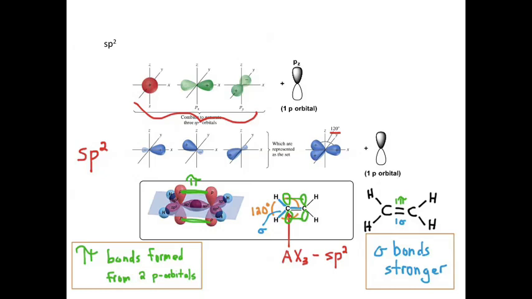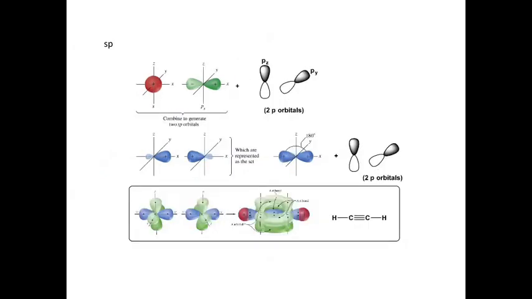So let's look at our last example of hybridization. In this case, we're now looking at sp hybridization. So again, we have one s orbital and three p orbitals, px, py, and pz. Now we're going to combine just two orbitals, one s and one p.